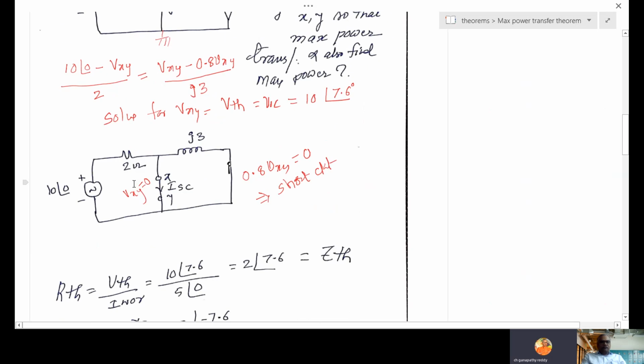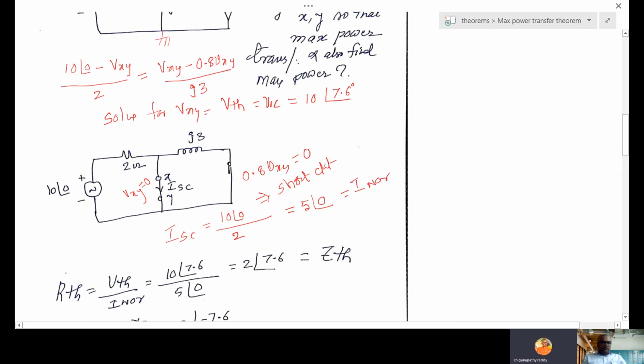Now solve this. When this is shorted, current will not go through J3; current will flow here only. Therefore ISC equals 10 angle 0 divided by 2, which is 5 angle 0. So this is ISC, which is I naught.